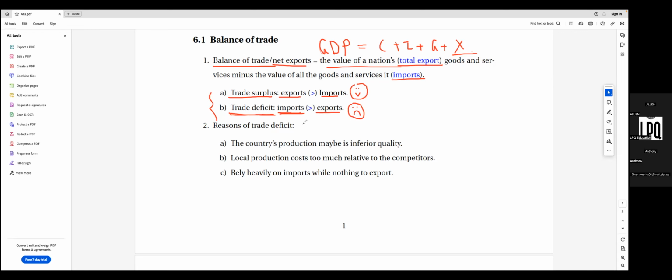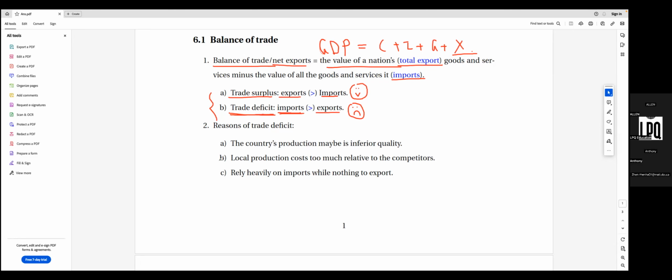So the USA is a developed country, but the USA is a trade deficit country. So by saying this, I mean, not necessarily a trade surplus.